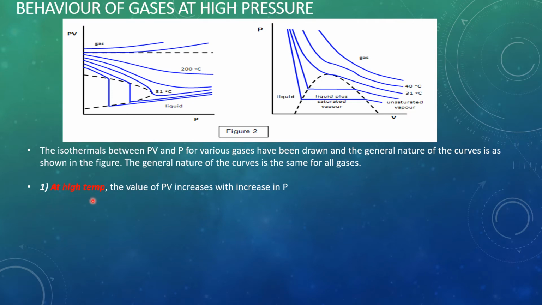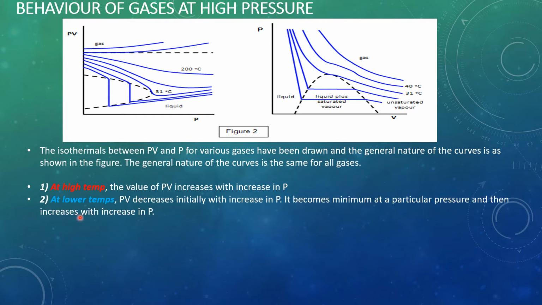At high temperature, that is these curves, the value of PV increases with increase in P. At lower temperatures, PV decreases initially with increase in P. It becomes minimum at a particular pressure and then increases with increase in P. That is these curves.